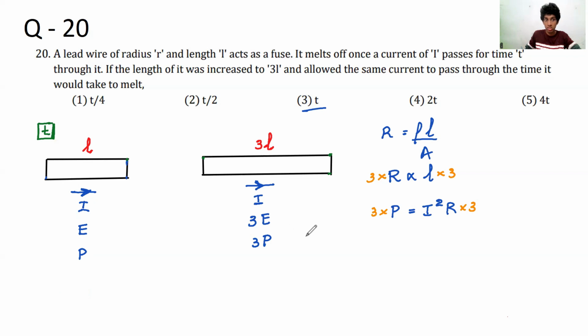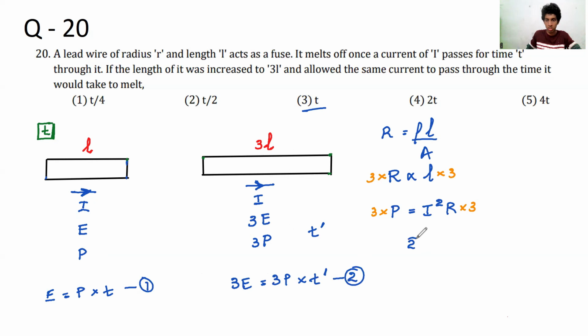And let's consider the time taken to melt this lead wire as T dash. So here E will be equal to P into T, and here 3E will be equal to 3P into T dash. So this is the first one and this is the second one.